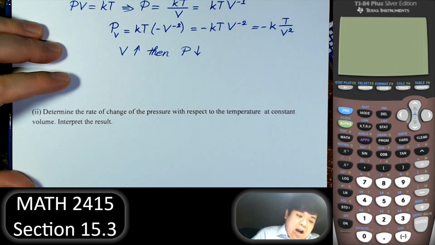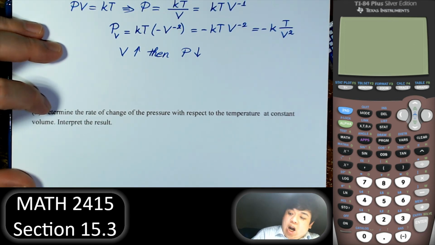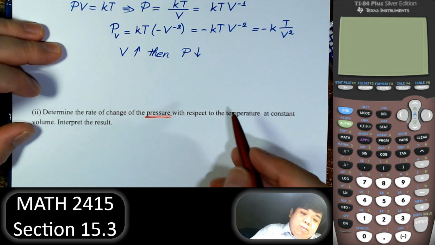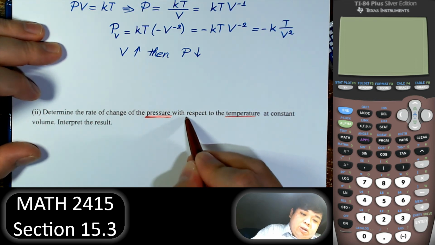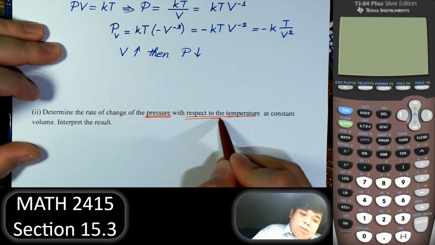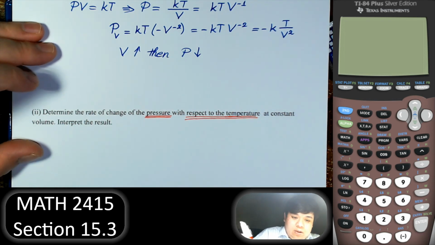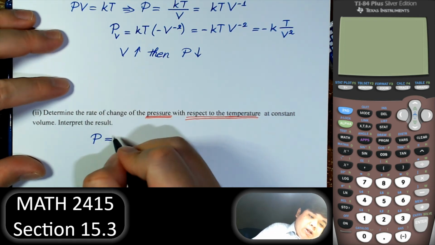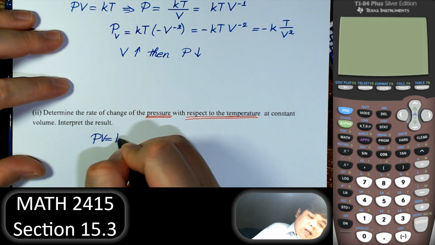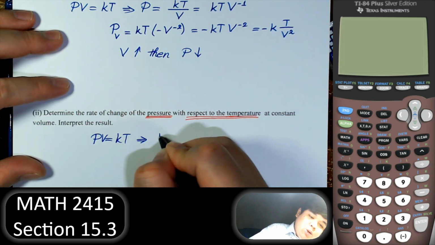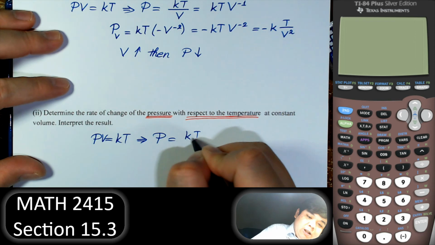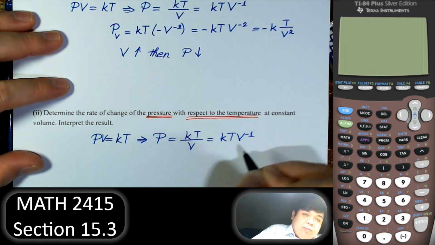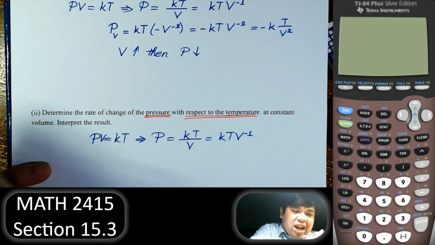Now next, let's determine the rate of change of the pressure with respect to temperature. So we still have PV equal to KT, so P equals KT over V, or KT V to the -1, exactly what we had before.